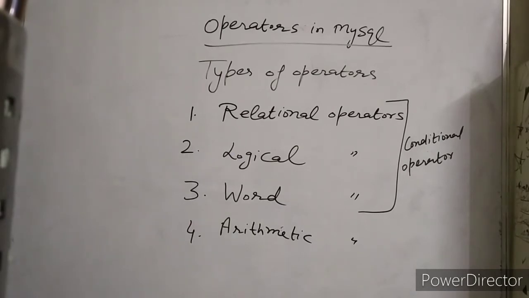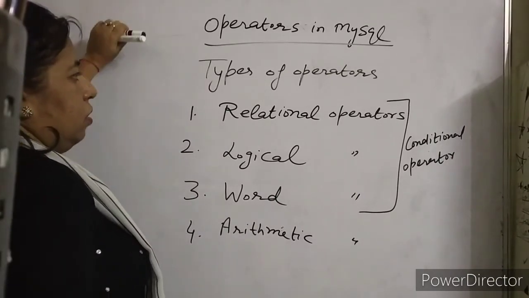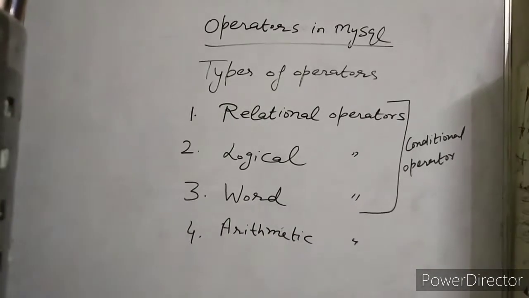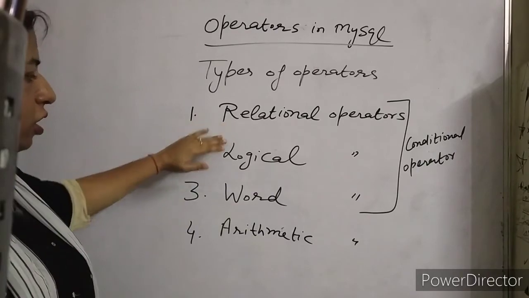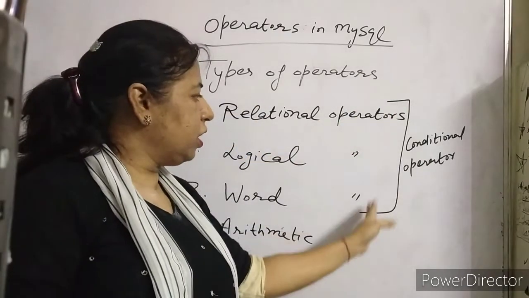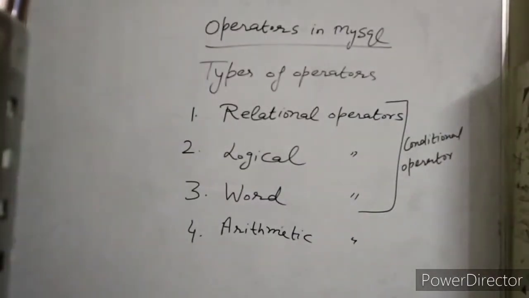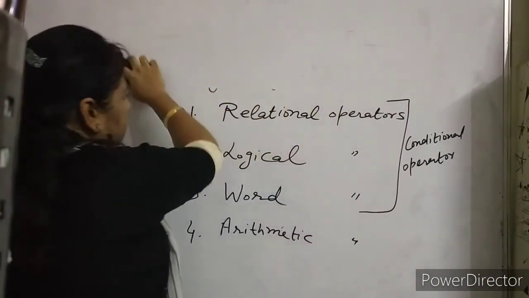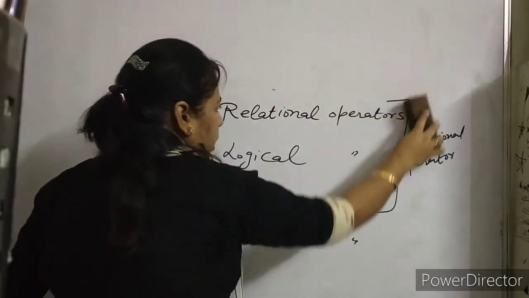Make the notes when I am teaching you; otherwise you will face problems later. Note down what I am telling you at that time only. Types of operators: relational, logical, word, and arithmetic. Out of these four, these three are my conditional operators. Clear? Now the first category we will study is relational.